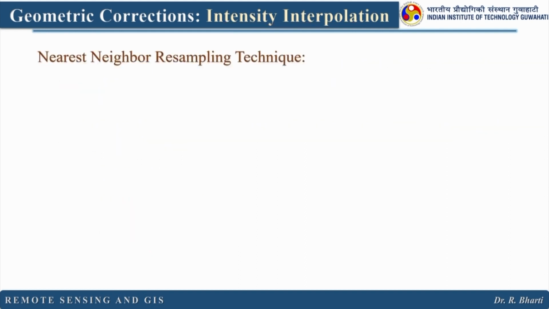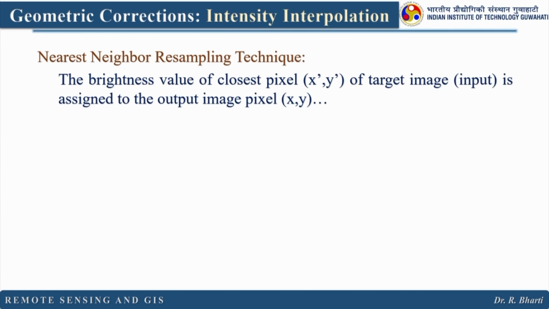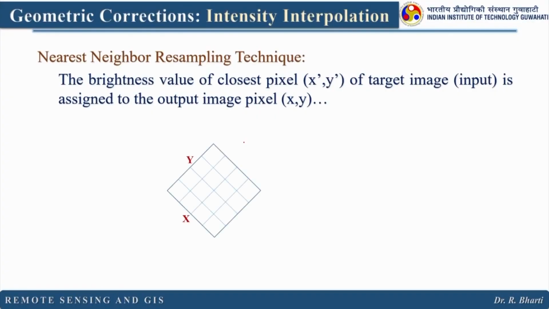In the nearest neighbor resampling technique, the brightness value of the closest pixel of the target image, which is basically your input image, is assigned to the output image pixel. The output image pixel is basically the orientation of your pixel identified by your spatial interpolation technique. Here you can see this is your input and this is your output.